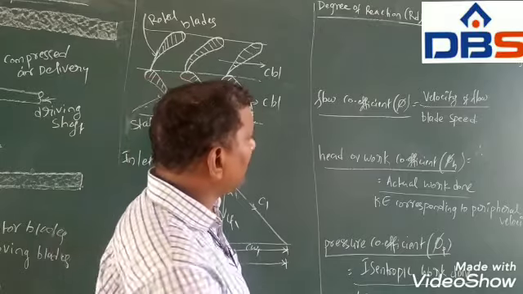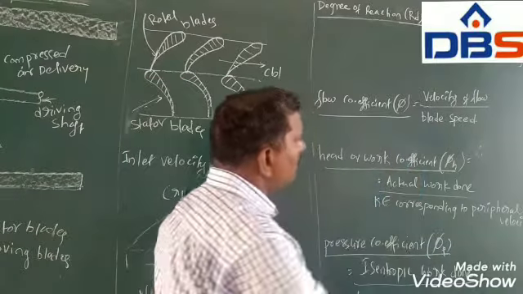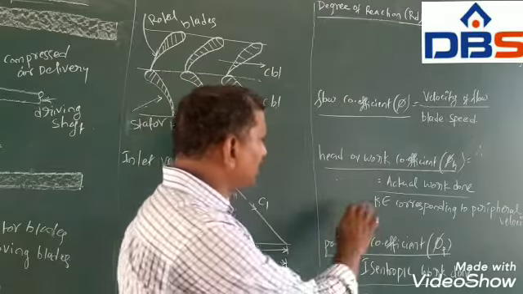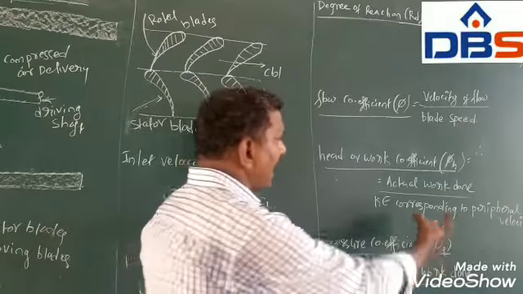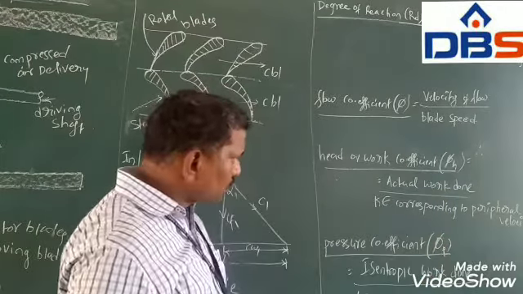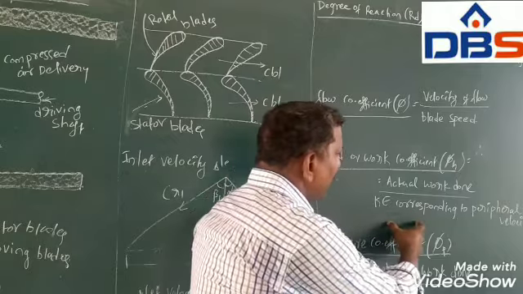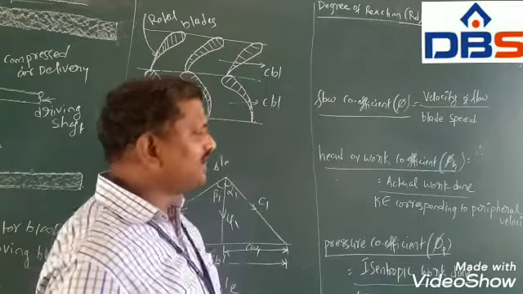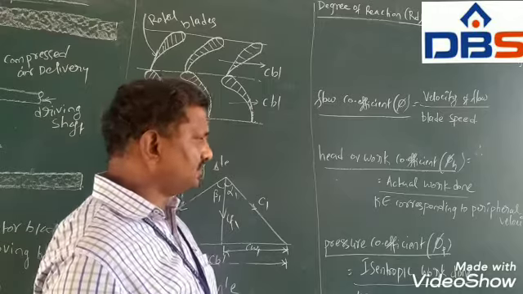And next, the head or work coefficient. This is nothing but the ratio of actual work done to the kinetic energy corresponding to the peripheral velocity. Peripheral velocity is nothing but the blade velocity.